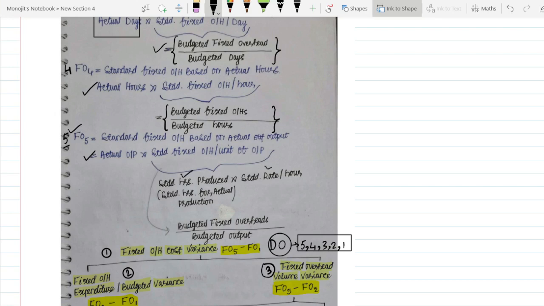You can find it as standard hours produced into standard rate per hour. This is the formula for standard fixed overhead based on actual output. The standard fixed overhead per unit of output can be found by budgeted fixed overhead divided by budgeted output.